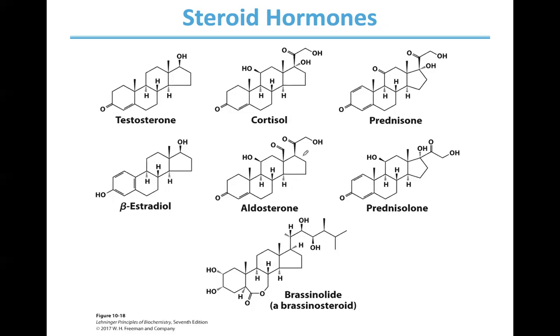Now aldosterone. Anybody know what this is responsible for? This is known as a mineralocorticoid. It's responsible for sodium regulation in the kidney. One way for us to keep our blood pressure under control is the retention or release of sodium by the kidney. The more sodium you have in the bloodstream, the higher the blood pressure.